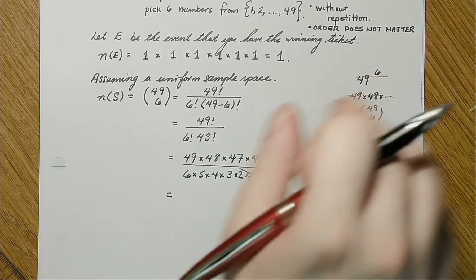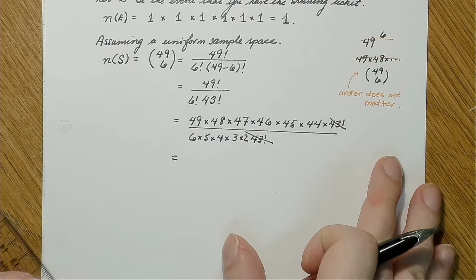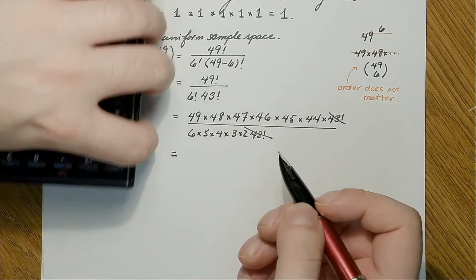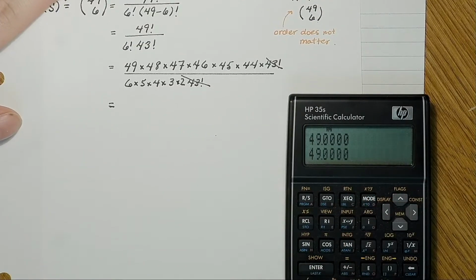Okay, so I'm not even going to do that by hand. That's quite a big number. I already know roughly how big it is. It should be about 13.9 million, but you can pull out a calculator and type it out: 49, 48, 47, 46, 45, 44.